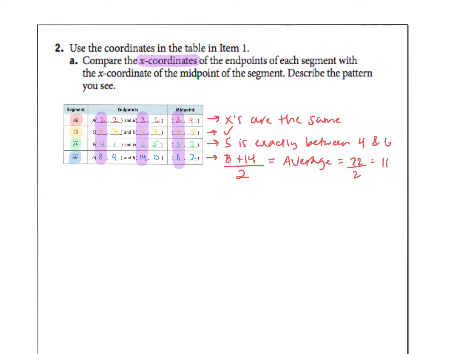If the number is the same for both endpoints, then we know the midpoint will also be the same number. So let's go ahead and write that below in 2a.